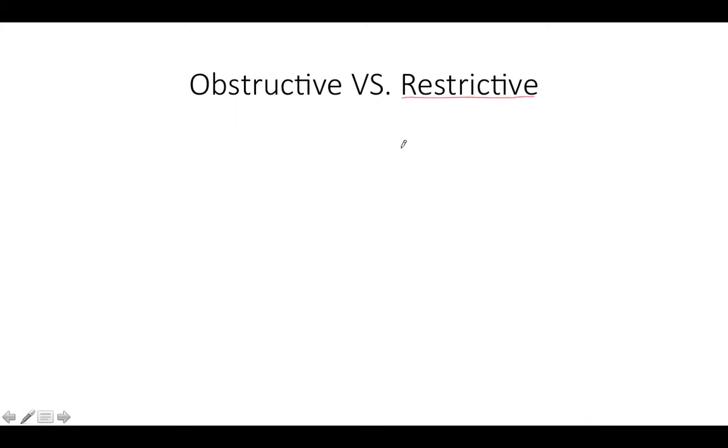Restrictive lung disease is really anything that does not allow you to get the proper amount of air into your lungs, or it makes it harder for you to breathe in. Now this can be due to many things. It could be due to scarring or a few others, but the main thing here is that the lungs are not being compliant, or their elastance is kind of gone.